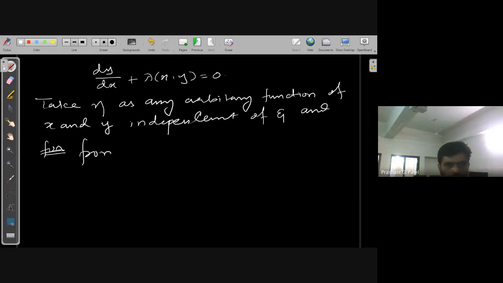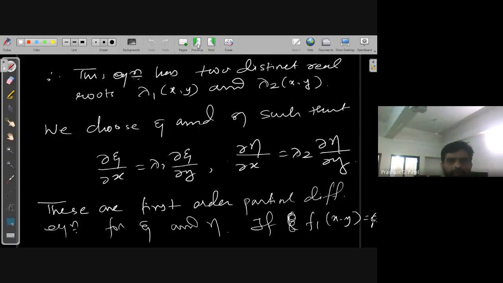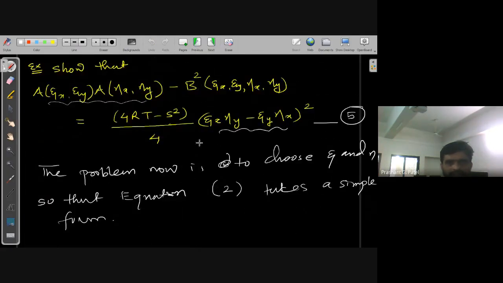From equation 4 again we observe that s square minus 4rt is 0, so this side will be 0, and we'll have a also 0 due to this s square minus 4rt being 0. So the value of b is 0 in this case.